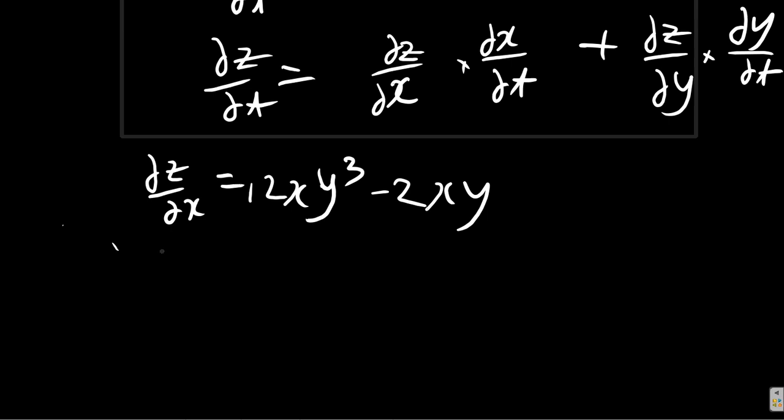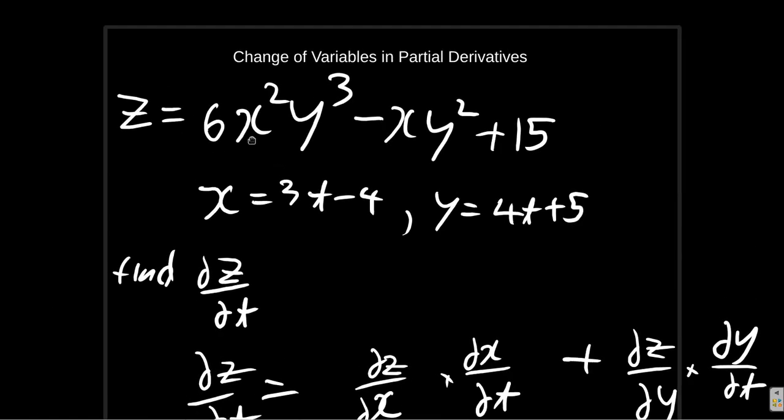What about delta z by delta y? So we found delta z by delta x already. We need delta z by delta y now. Now here, delta z by delta y. 3, 6, 18. 18x squared y squared.